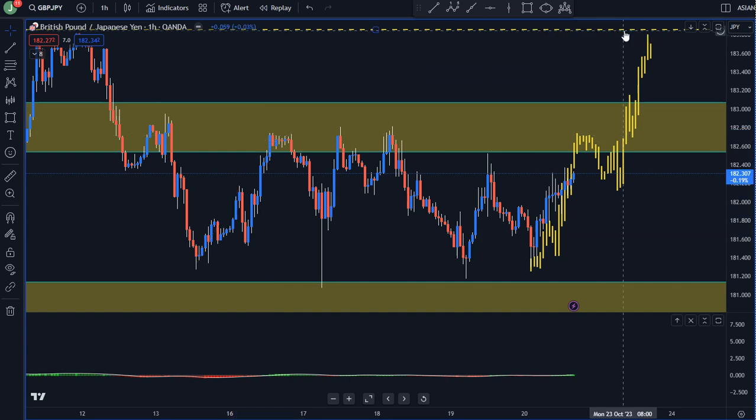So we have this already identified. I'm going to leave it here so that when we come back and follow price throughout the week, we can see how it's moving within the movement that we've just identified with our bars, right? So what do we have?